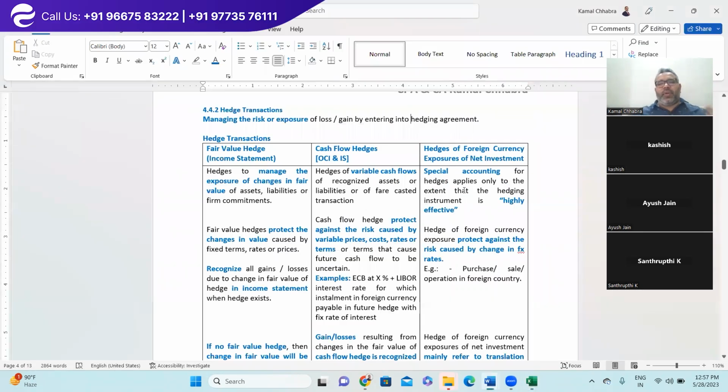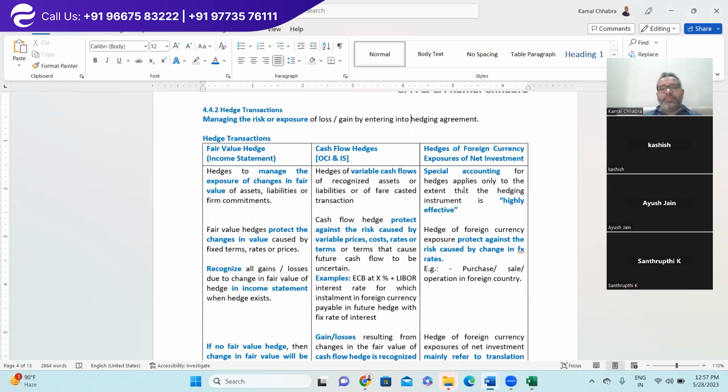When you fix the foreign currency exposure, you are limiting the loss or limiting the fluctuation. That is called a foreign currency exposure hedge, right? And that also results in certain amounts which are your expenses or hedging transaction cost. So how you account for those hedging transaction costs and expenses, we will understand in the hedge of foreign currency exposure.